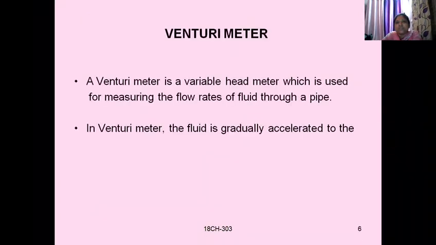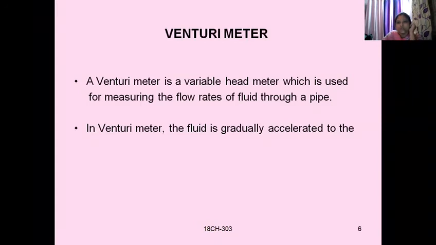A Venturi meter is a variable head meter used for measuring the flow rate of fluid through a pipe. Generally in a chemical industry, for transportation of fluids we use pipes. When a fluid is flowing through the pipe, we use a flow meter to measure the flow rate of the fluid. That is why we are studying the Venturi meter.